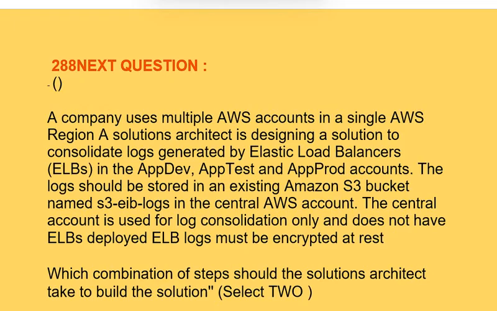The logs should be stored in an existing Amazon S3 bucket named s3-elb-logs in the central AWS account. The central account is used for log consolidation only and does not have ELBs. Deployed ELB logs must be encrypted at rest. Which combination of steps should the solutions architect take to build the solution? Select two options.